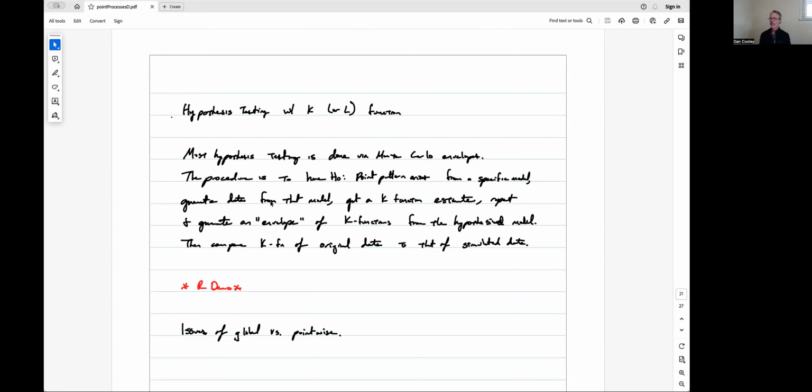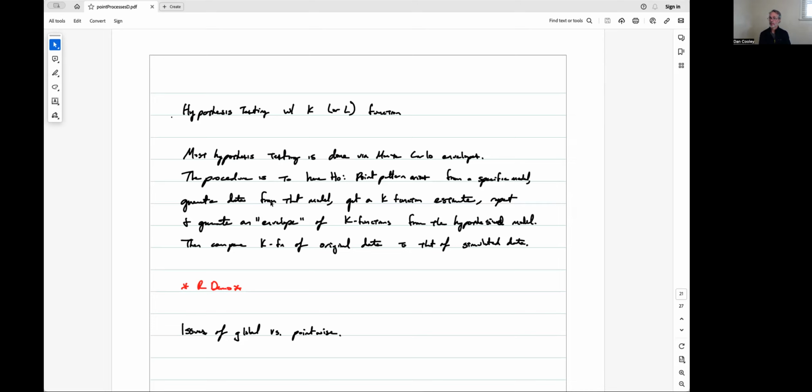Well, the way that I'm most familiar, the way it seems to be done, is to construct envelopes. So for the hypothesis testing, of course, you start with a null hypothesis, and then you say, does the data deviate enough from what my statistics would look like if the null hypothesis were true?